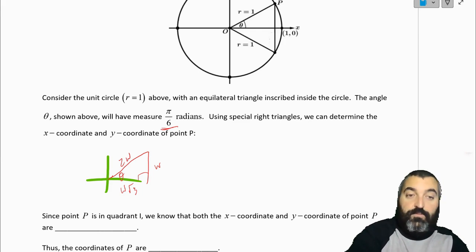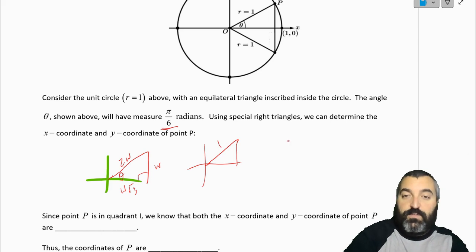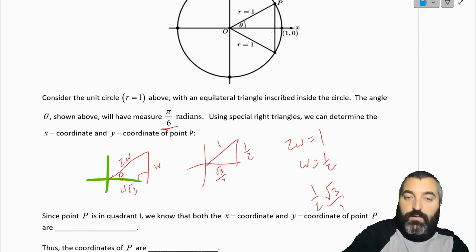And we now know that the hypotenuse is 1. So this is the same triangle, so I know the hypotenuse is 1, so let's figure out what w is by saying, okay, 2w equals 1, so w is 1/2. And then I'm going to do 1/2 times root 3, which is really 1/2 times root 3 over 1, which is root 3 over 2.